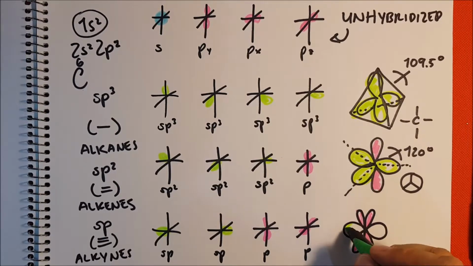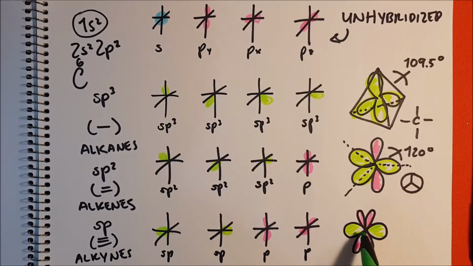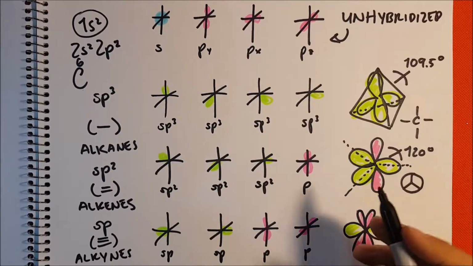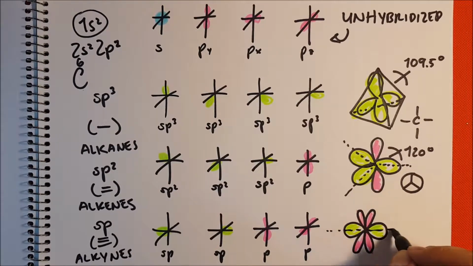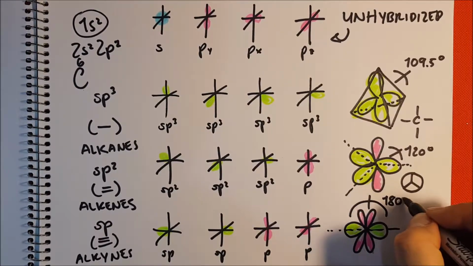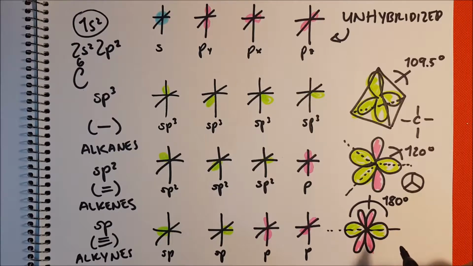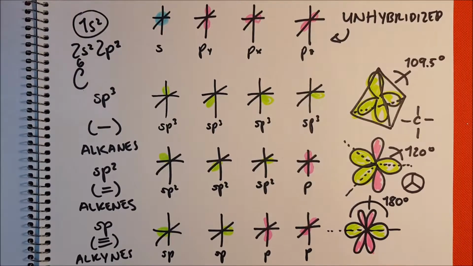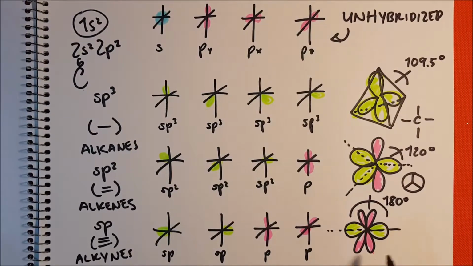And then here we have the hybrid orbitals, 2 of each. And if we were to trace a line here and measure the bonding angle, we have a straight line, 180 degrees, which is straight across. That means that one's pointing left and one's pointing to the right, exactly in a line.